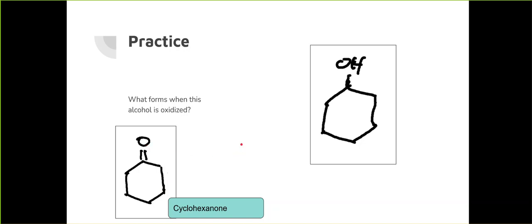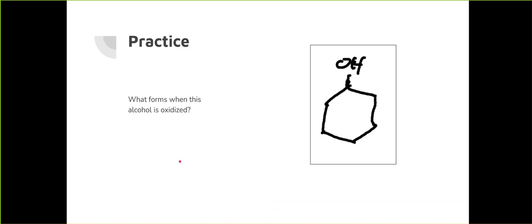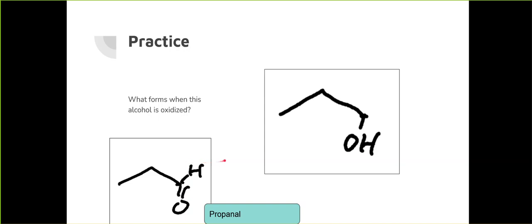So if that O double bond had an H with it, like the previous problem, would that then make it cyclohexanol? If that carbon had an H on it, is that what would make it a cyclohexanol?